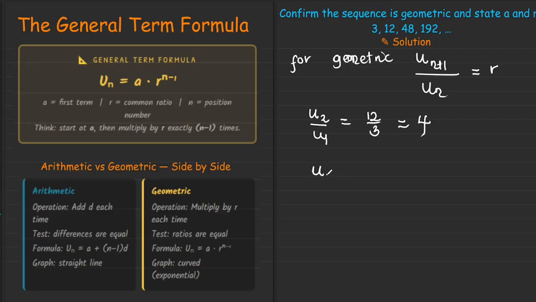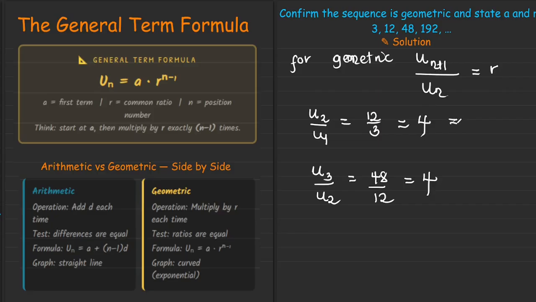So we have U3 divided by U2. That gives us 48 over 12, and 48 over 12 also gives us 4. We can also try 192 divided by 48, and we are also going to get 4.